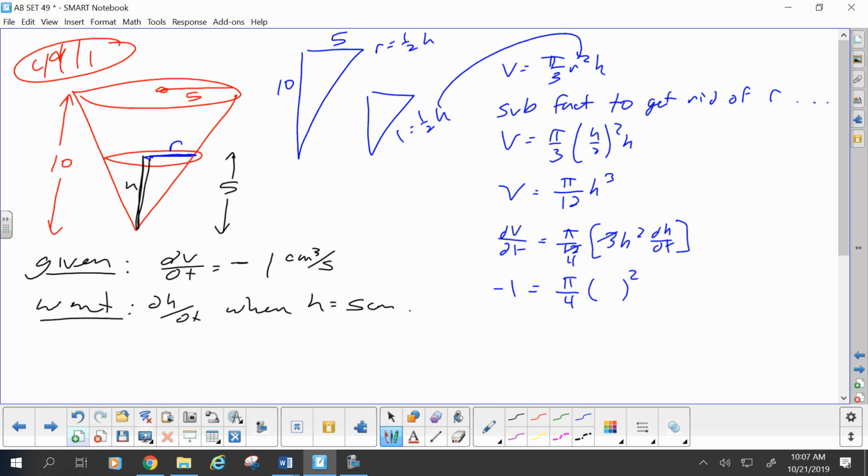What's h at the instant? 5. And dH dt is what we have to determine. So I'm getting something like -4 over 25 pi when I take the reciprocal over, right? Yep. What are the units on dH dt? Centimeters per second. Okay, are we cool? You're cool.